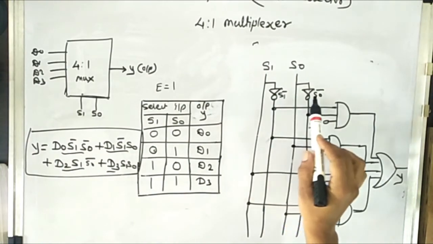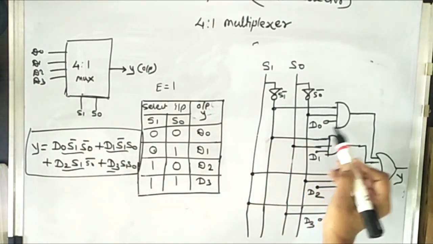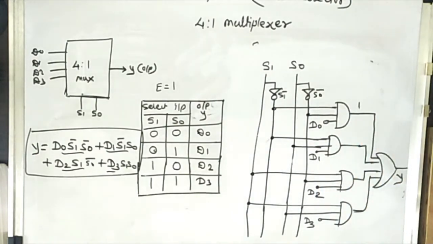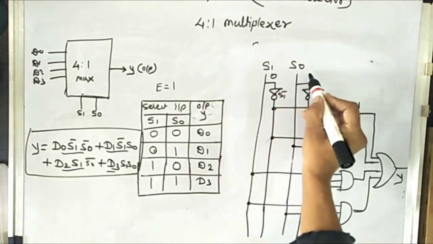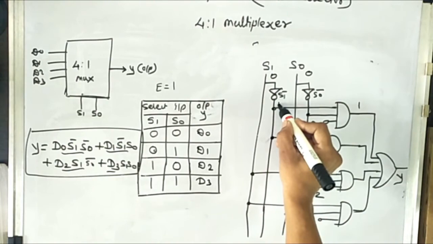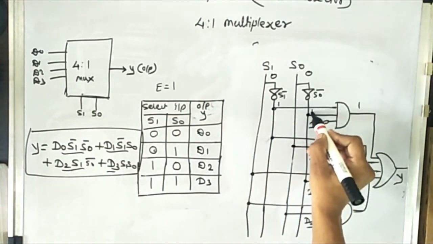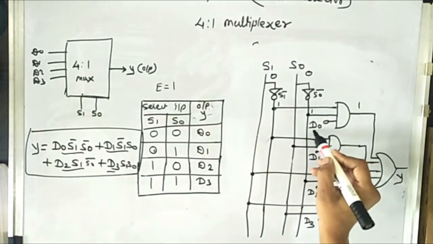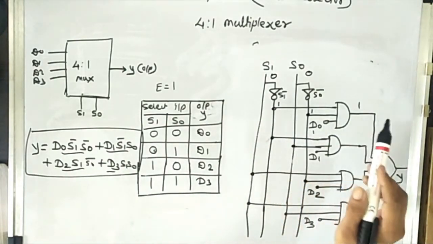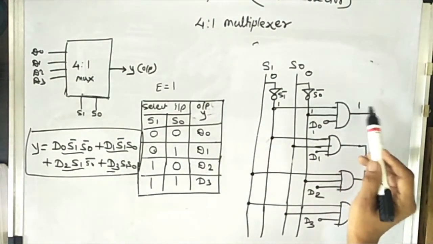Now if S1 and S0 are 0 0, and if D0 is 1, at that time the output of this AND gate will be 1, because S0 and S1 are 0 0, and because of this NOT gate they get inverted, so at the output we get 1. Similarly for S0 we get 1 here, and if D0 is 1, then all the inputs of the AND gate are 1, and only then will the output of that AND gate be 1.